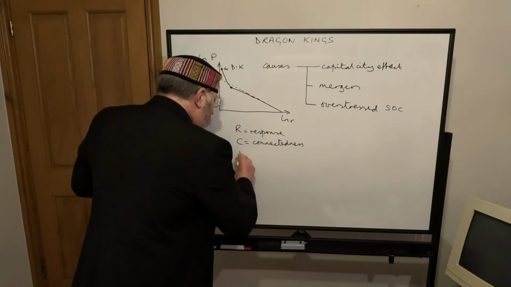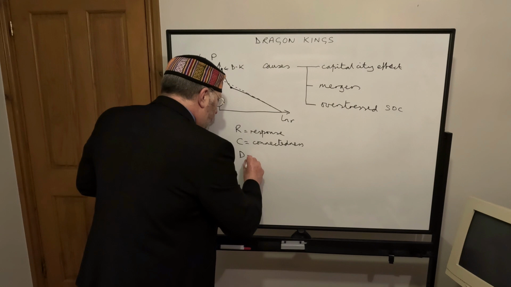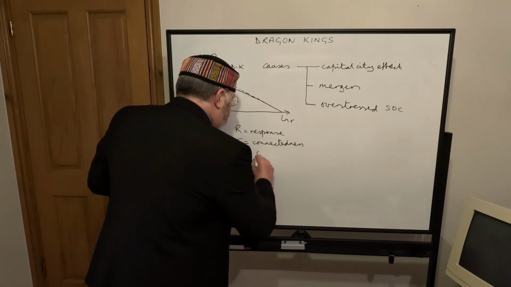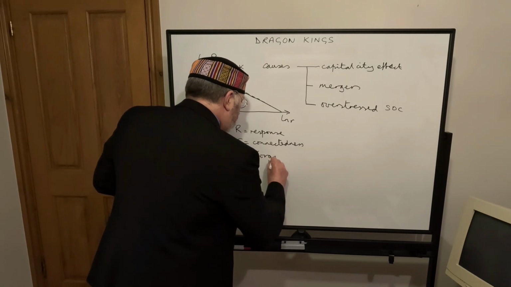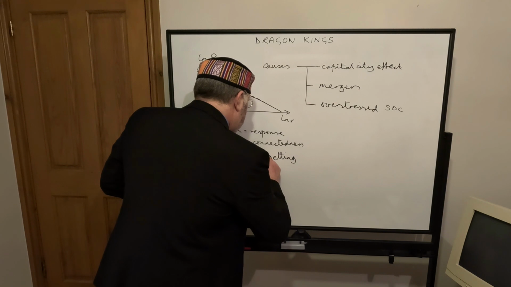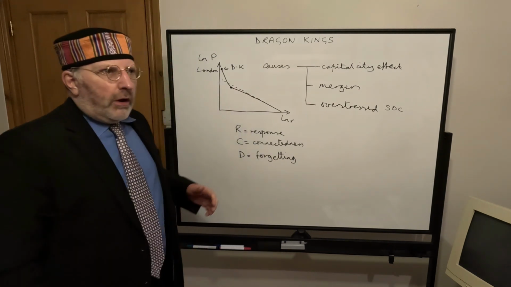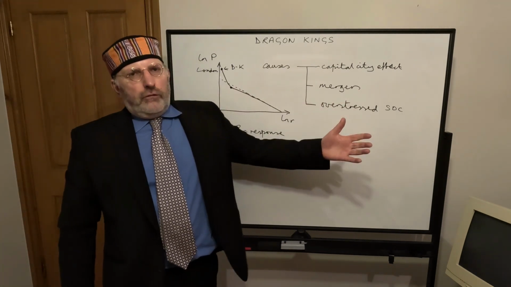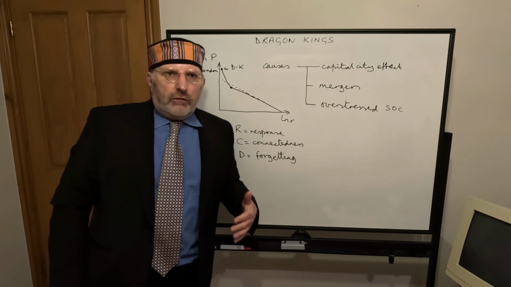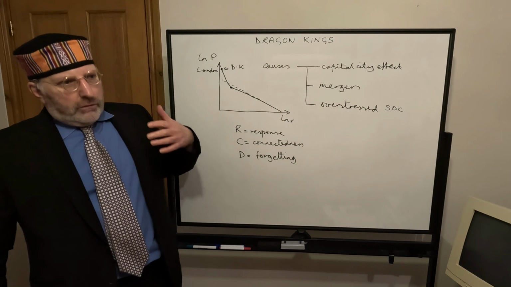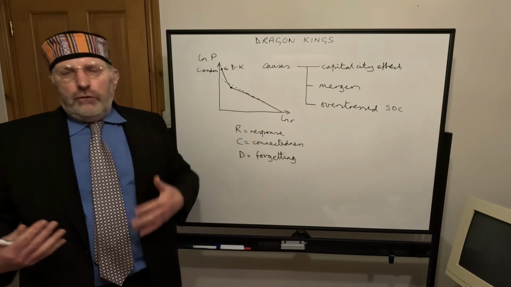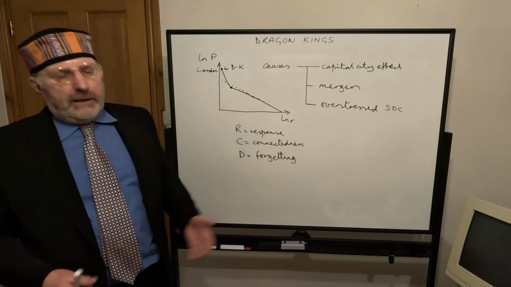And the last parameter, D, is forgetting, let's say. So somebody's influenced your behaviour. How lasting is that? You may forget that influence after a while and revert to your normal behaviour as if you hadn't been influenced.